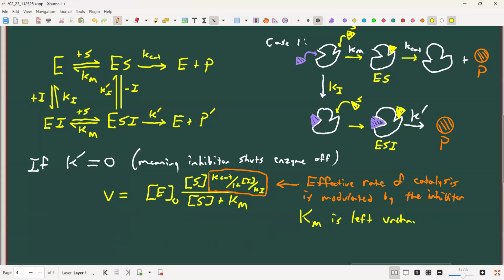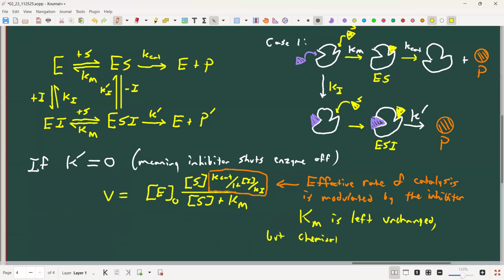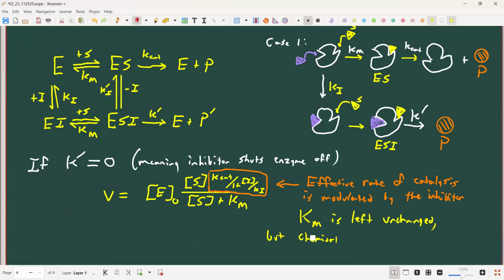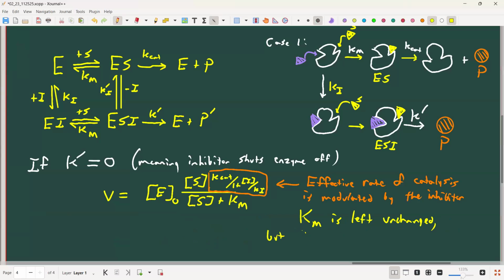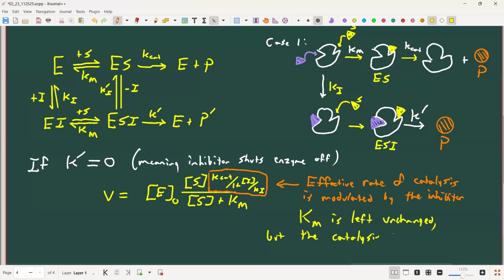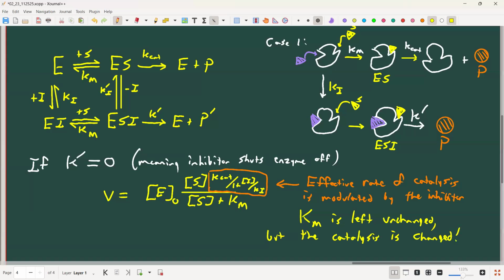But the chemical efficacy, the chemistry, sorry, the catalysis, I should say, is changed. Right?